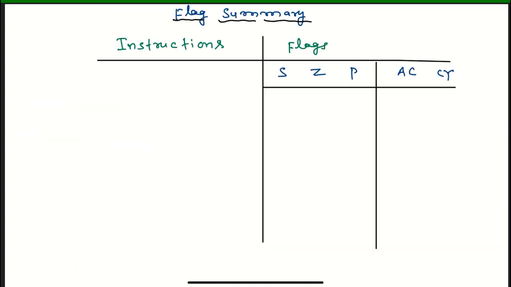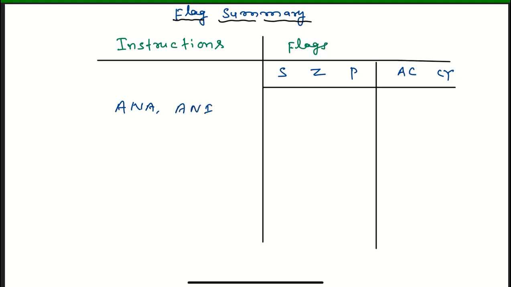Thank you. Now before going to the next logical instruction, here itself I would like to summarize the flag impacts over the first 6 logical instructions. The first one we had seen is ANA, and then ANI.